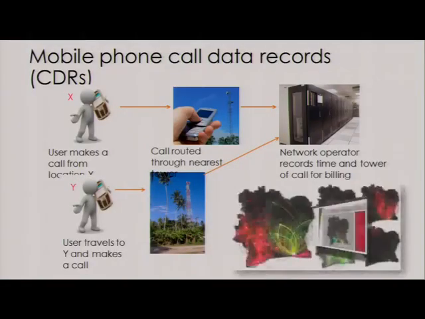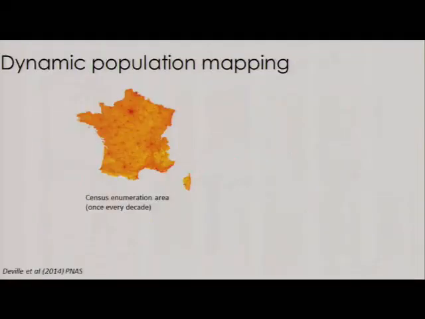And so across the millions of customers, we have this information on how people with mobile phones are moving around. So the data is not perfect, and different countries have different problems in terms of biases in usage, but it's quite an unprecedented data set in terms of how we can measure populations across time and space.